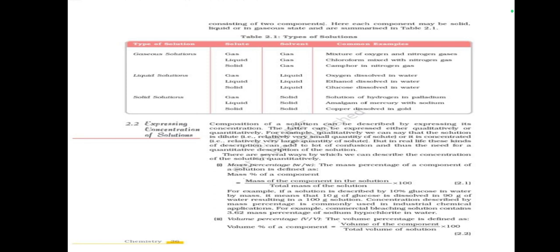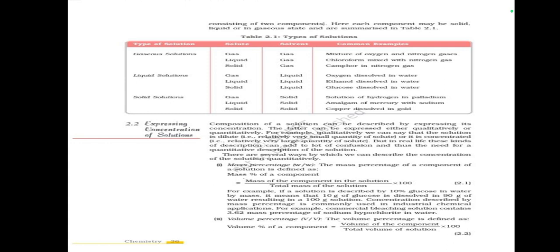Expressing concentration of solutions. Composition of a solution can be described by expressing its concentration. The latter can be expressed either qualitatively or quantitatively. For example, qualitatively, we can say that the solution is dilute, that is, it has a relatively very small quantity of solute, or it is concentrated, that is, it has a relatively very large quantity of solute.